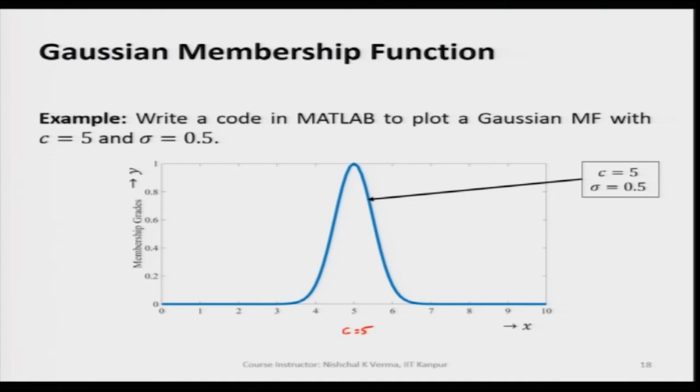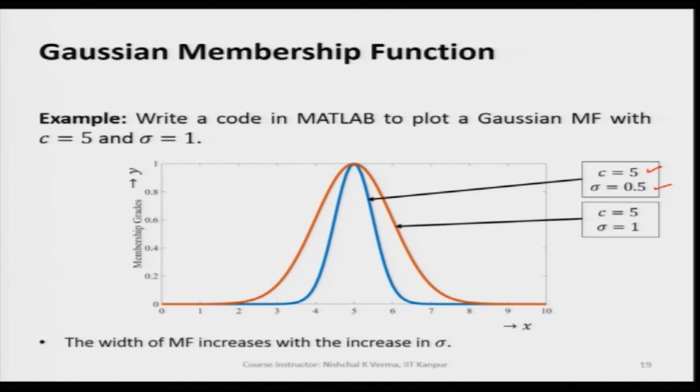Now, if we change the standard deviation, we see the shape of the Gaussian membership function changing. The later one has more spread.